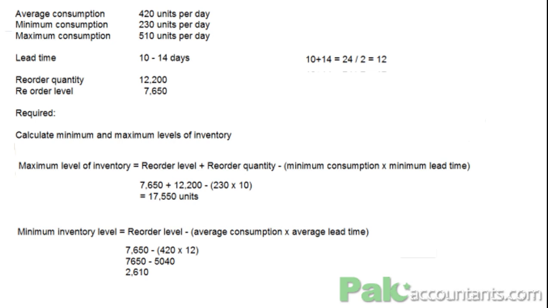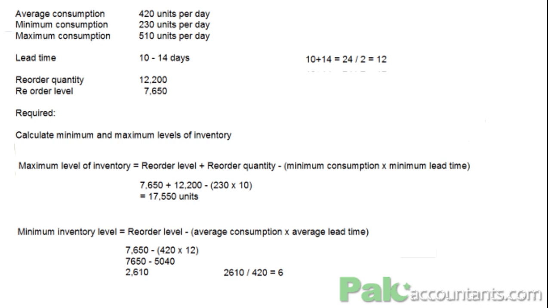Even if you are consuming the goods at the average rate, your minimum inventory will be eaten up in how many days? With 420 units each day, it will not even take a week. You will be completely without inventory.